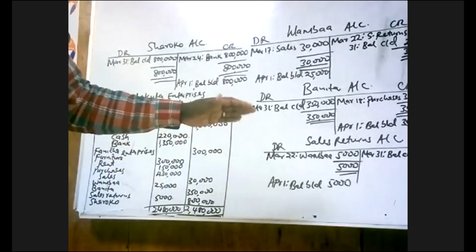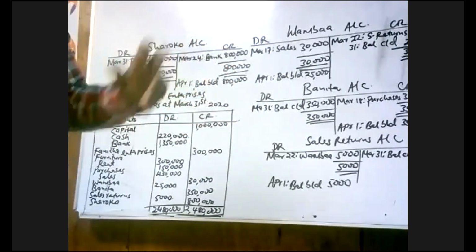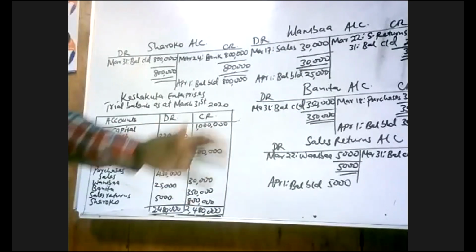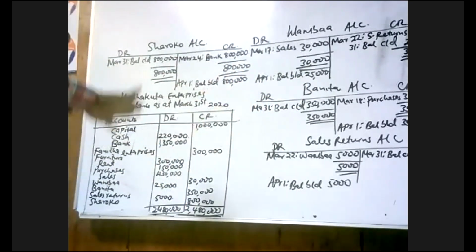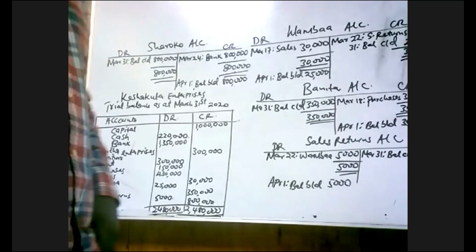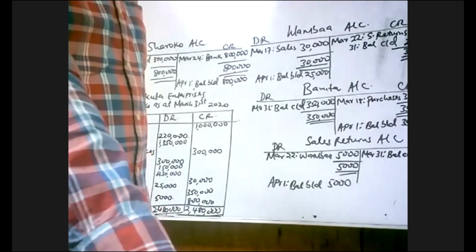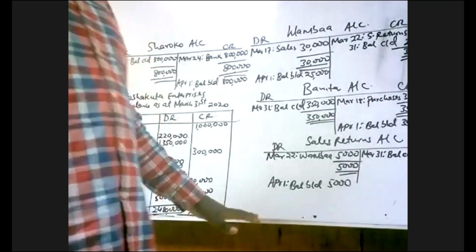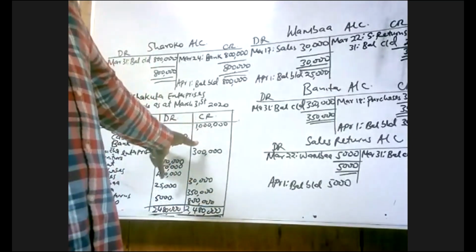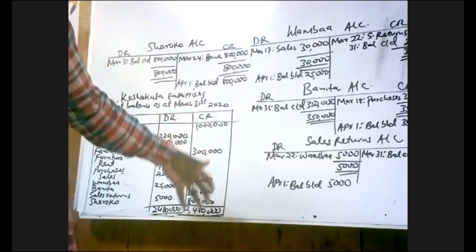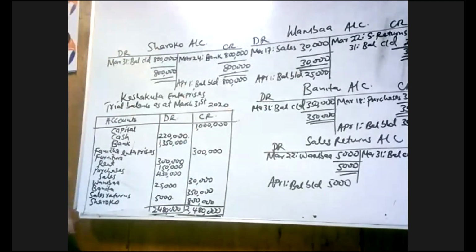But if everything has been done systematically, double entry has been observed and you have balanced your accounts accurately, your trial balance should not fail to balance. That's why we say double entry is the lifeblood of accounting. Once your trial balance has balanced, it will be used in preparing the next books of accounts, the financial statements.